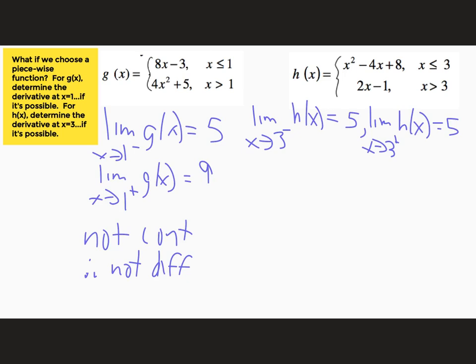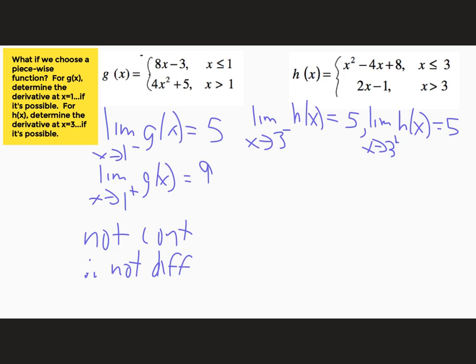Now I want you to go through and figure out the derivative of x squared minus 4x plus 8 using the definition of the derivative, and 2x minus 1 using the definition of the derivative. So set it up, limit as h goes to 0, and so on. Feel free to plug in 3 for x, so you don't have to do it in general with x plus h. You can do it with a 3.